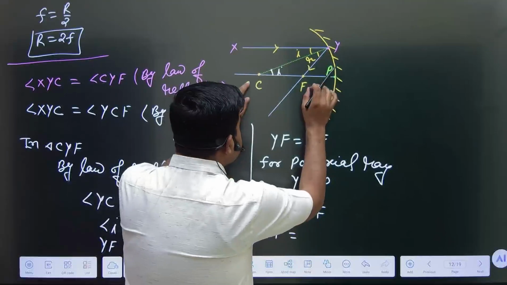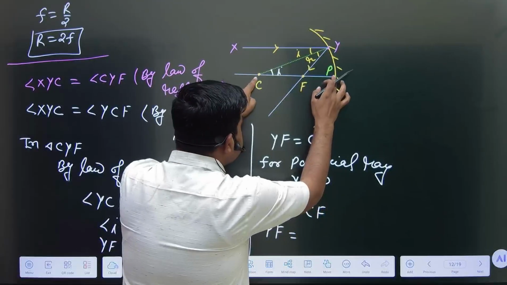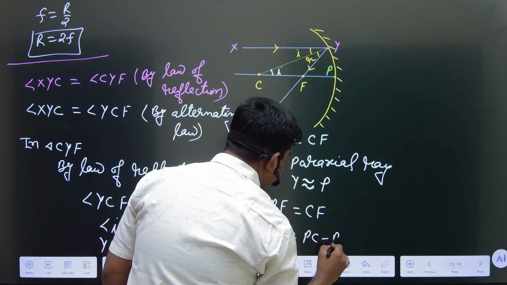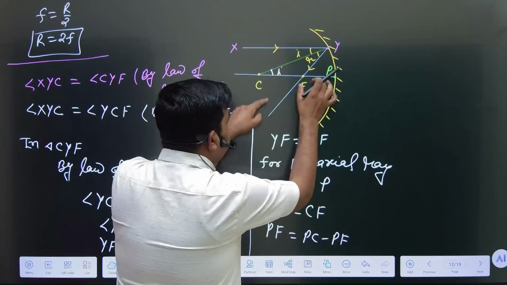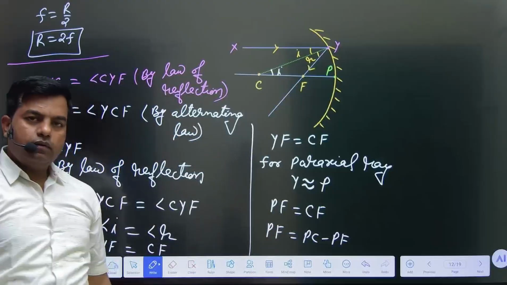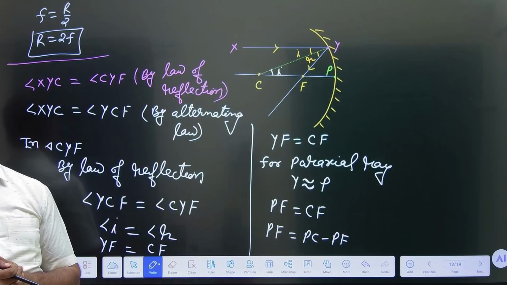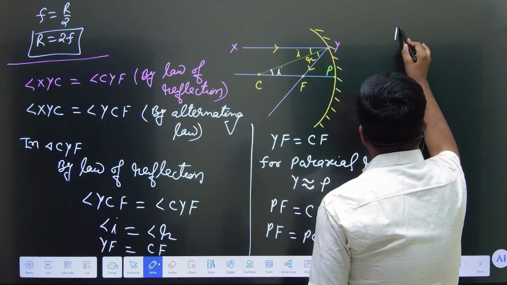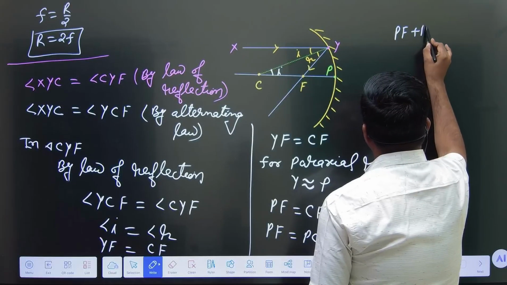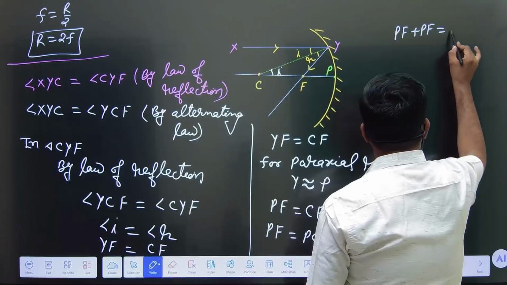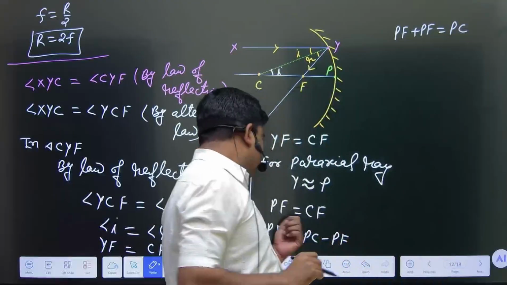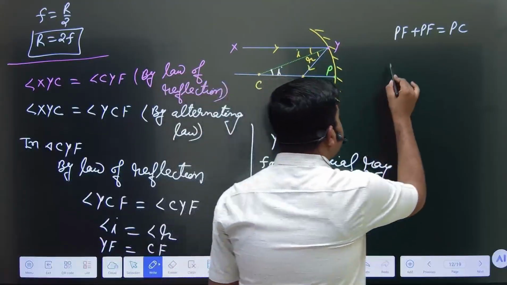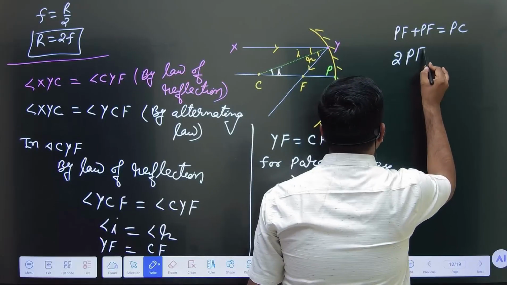What is the value of CF? PC minus PF is equal to CF. And we write PF plus PF is equal to PC. So 2PF is equal to PC.